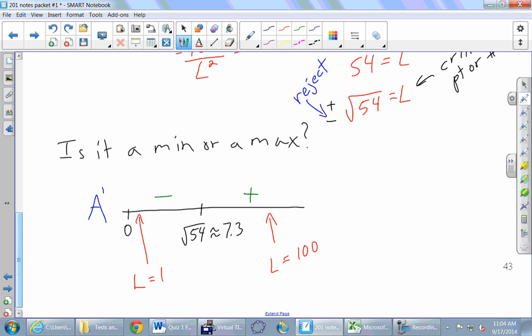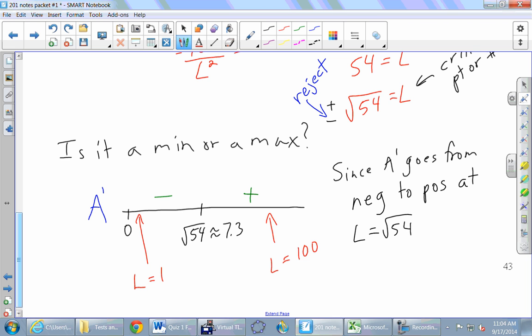So I'll just write the sentence, and you'll get used to writing sentences like this. Since A prime goes from negative, I'll abbreviate that, to positive, I'll abbreviate that too, at what number? Yeah, let's be really precise here. At L equals root 54, A has a min or max?